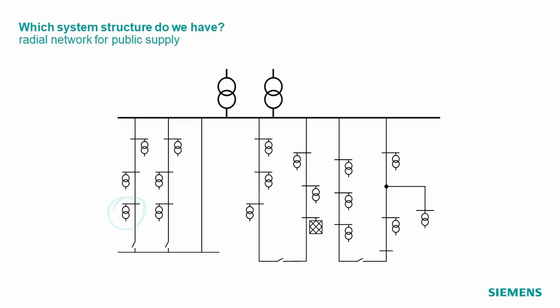But then the bottom transformer here is without energy. And what you can do then is you can remove the destroyed cable from the network and then close this connection point here on the bottom and resupply this transformer here through the connection from the other side.